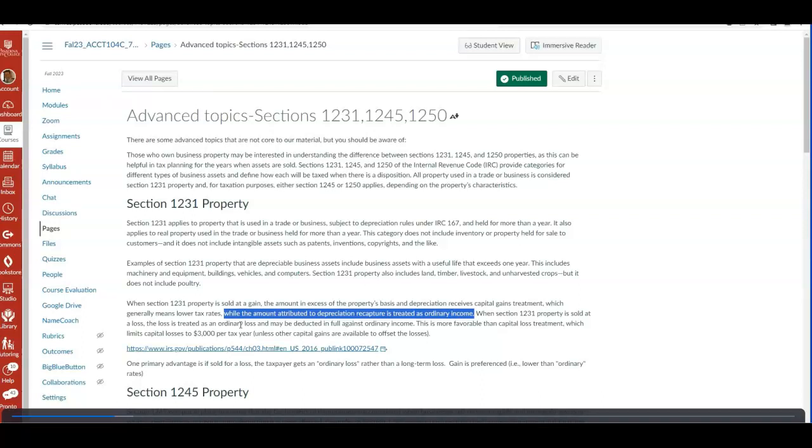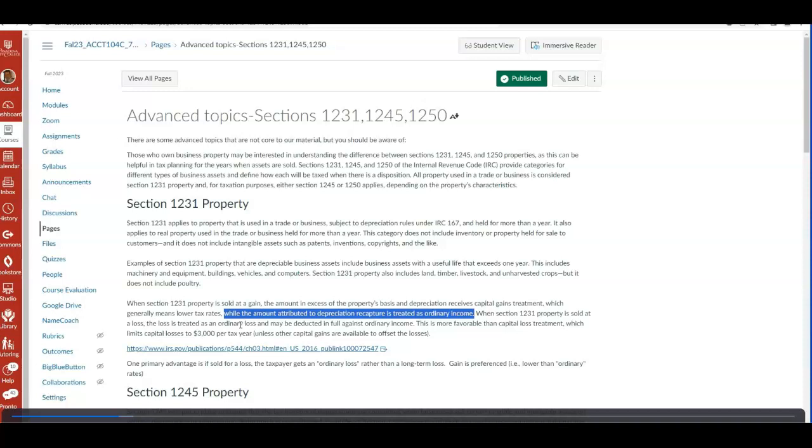How about capital loss? Why is capital loss not that good? Because if you have capital loss and you don't have capital gain to write it against, then your capital loss will be limited to $3,000 every year to use against ordinary income, right?